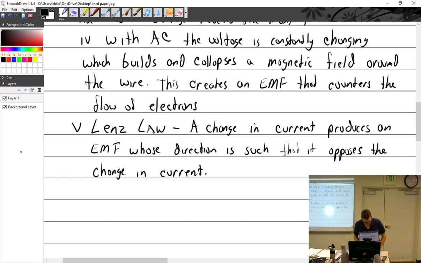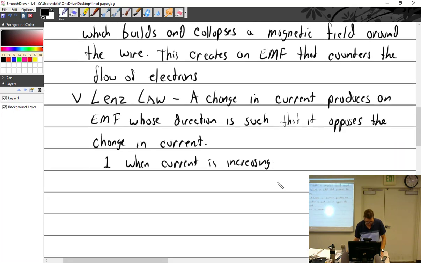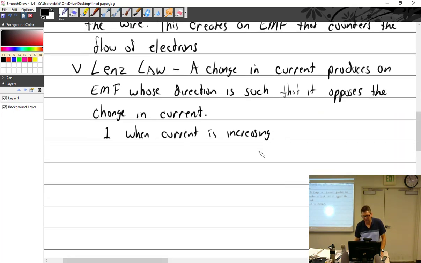So if the EMF added current, it would cause runaway current flow. I'm not going to write that, but think about it. When current is increasing, the EMF opposes the increased current. So when current is increasing, the EMF opposes the increase in current.